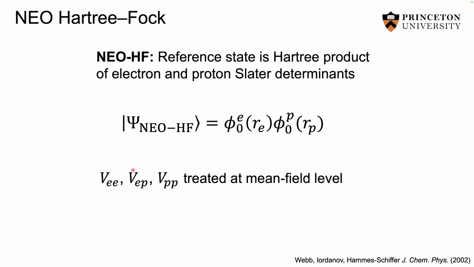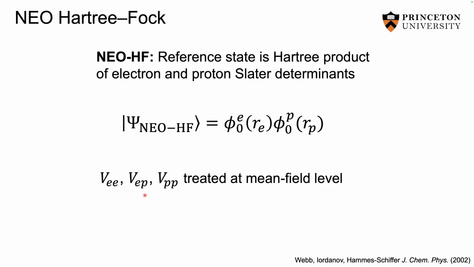But just like in conventional electronic structure theory, this only gives you a rough picture of this many-body interaction, and specifically the electron-proton interaction can be even more energetically important than the electron-electron repulsion because it's an attractive term. And so the electrons can get right up there on the quantum nuclei.